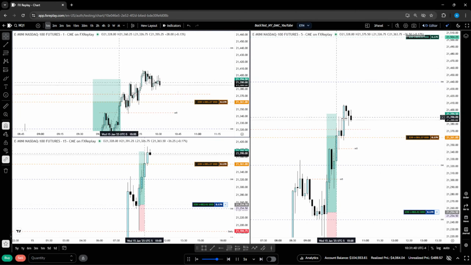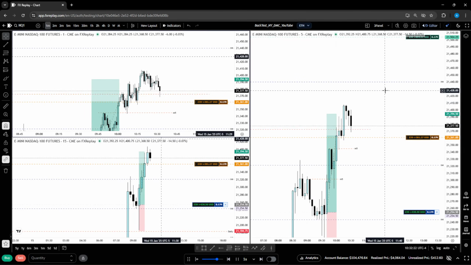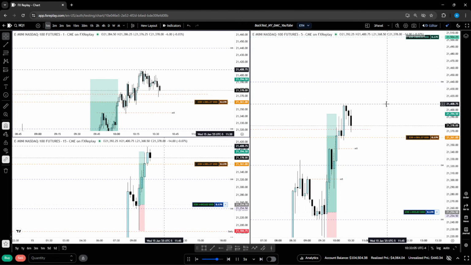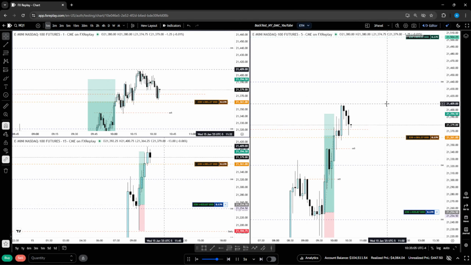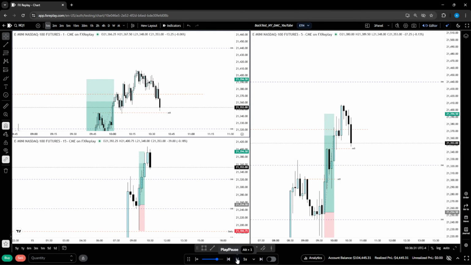Just 10:30, we're close to the 4-hour level. We might get some. Okay, so now testing this level. Okay, and out. Perfect.